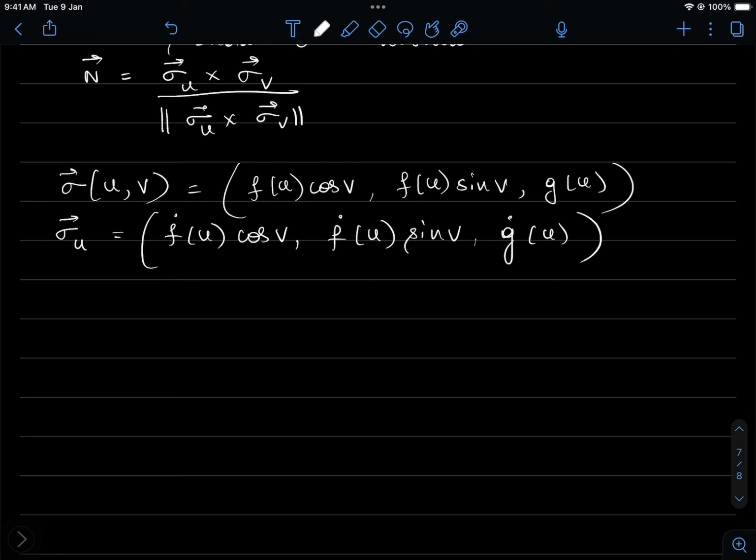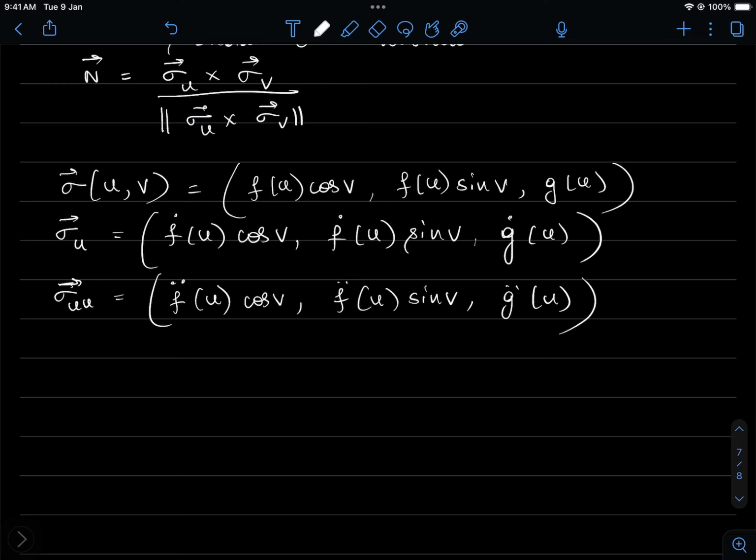This is the first derivative with respect to u. f dot u is the first derivative with respect to u. So what is sigma uu? The second derivative: f double dot u cos v, f double dot u sin v, g double dot u. This is for the second derivative.